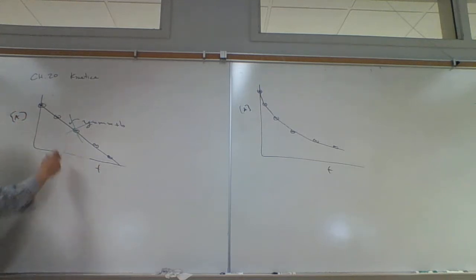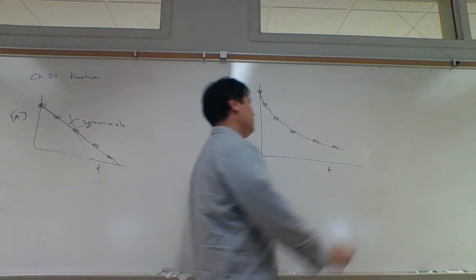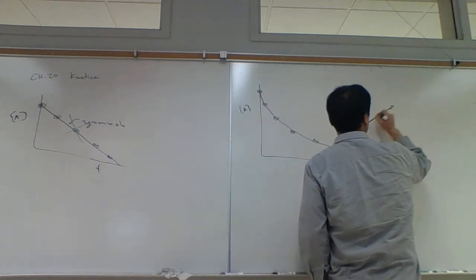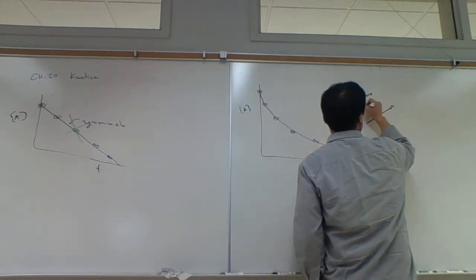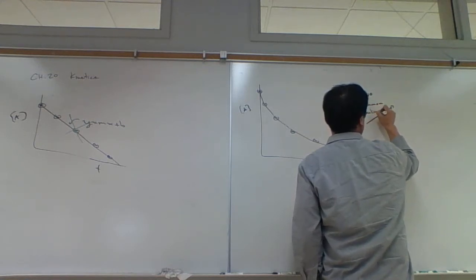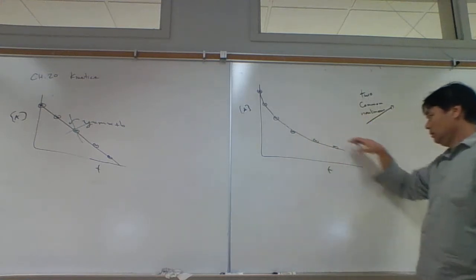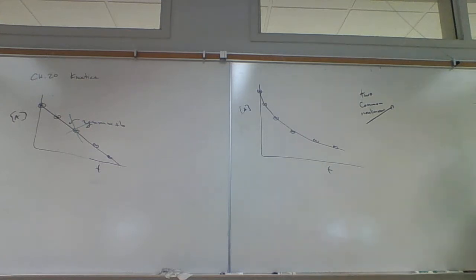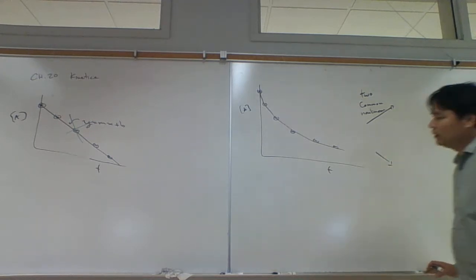It was not linear, it was non-linear. Then there are two common nonlinear curves that we should recognize. And so what are the two common ones? Well, we give them a name.